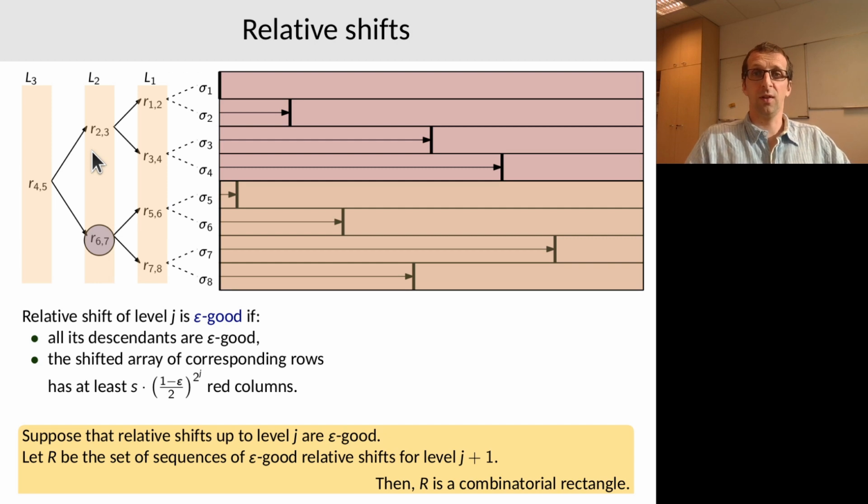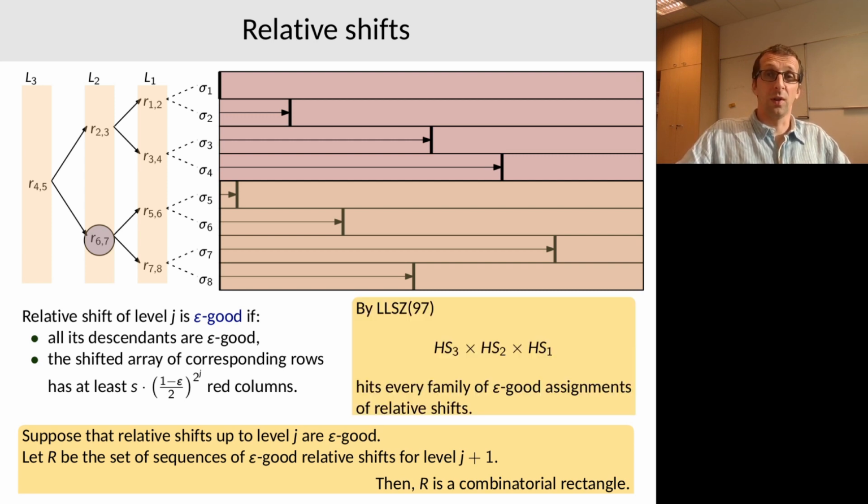And you can easily see this because they depend on disjoint sets of rows of the array. But that means in particular that the sequences of epsilon good choices for the current level form a combinatorial rectangle. And since the lower levels are already epsilon good, the volume of the combinatorial rectangle is under control.